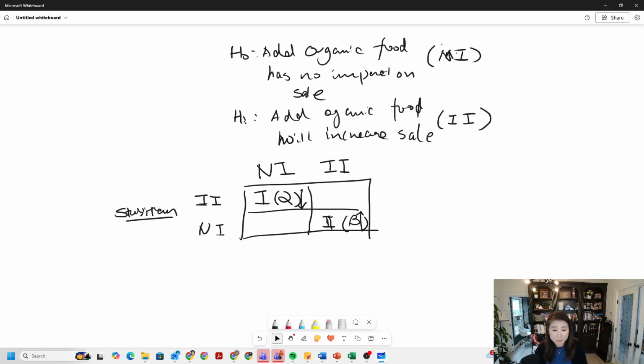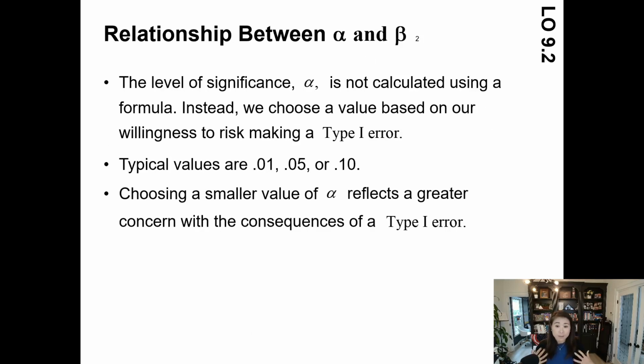Okay, so hopefully this example helps you understand the type 1 and type 2 error, and the probability of making type 1 error, alpha, and the probability of making type 2 error, beta. Okay, so the level of significance alpha is actually not calculated using a formula, and instead we choose a value based on our willingness to risk making a type 1 error.